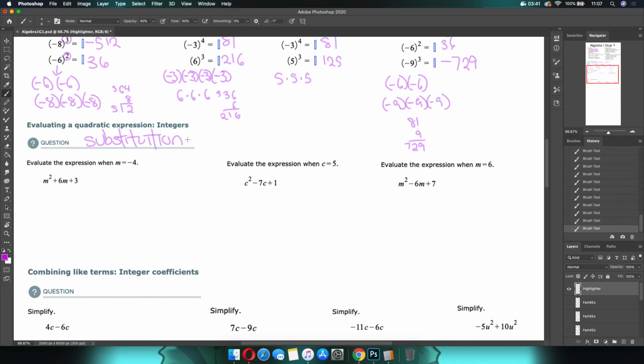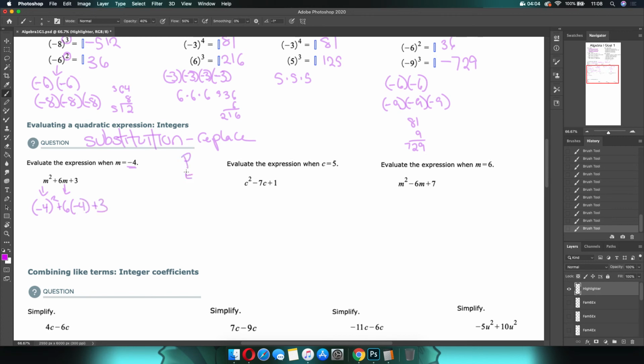So if substitution means replace, what we're going to do is replace. What that then means is every time we see an M, we get to replace it with the value that we were given, which in this case is negative 4. So, and then plus 3.